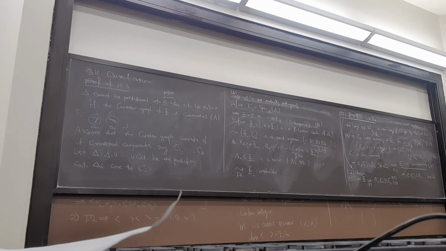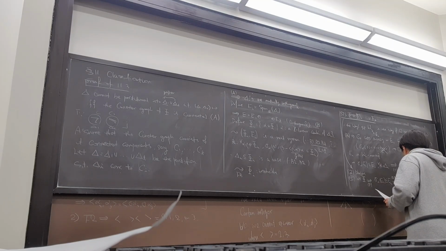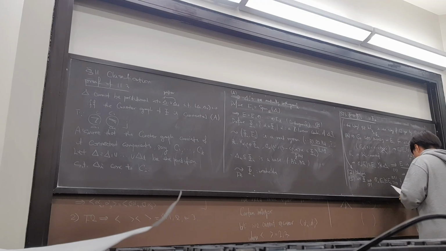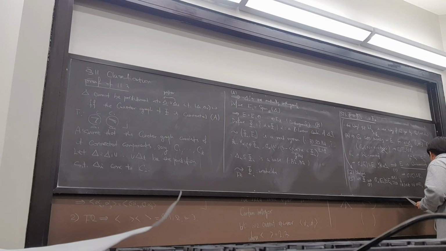So there uniquely is some J such that alpha is in E_J, but alpha is not in E_I.